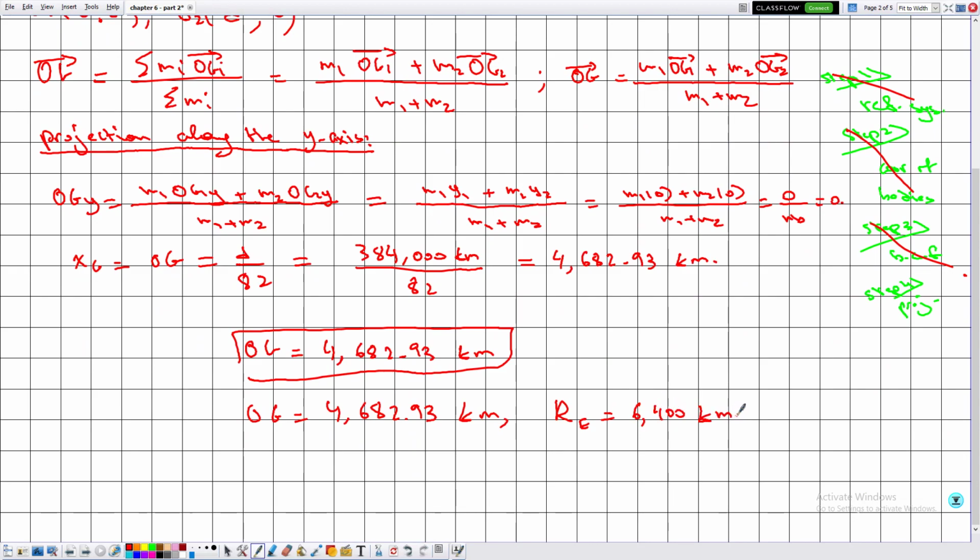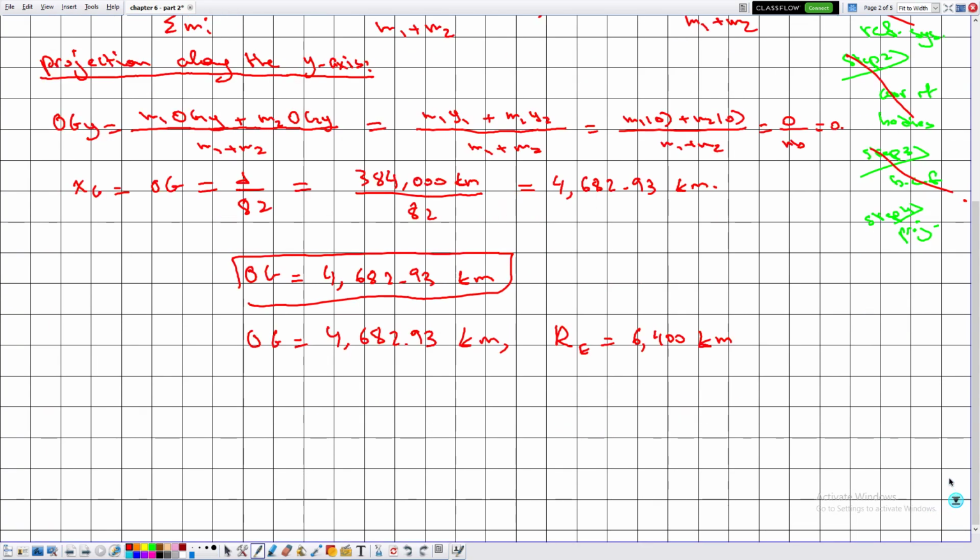And whenever we say compare, we need to state whether one is greater, smaller, or equal to the other. And we need to be careful in physics. We cannot compare quantities unless they have the same unit. Both of them are expressed in meters. So in this case, it's obvious that OG is less than RE.